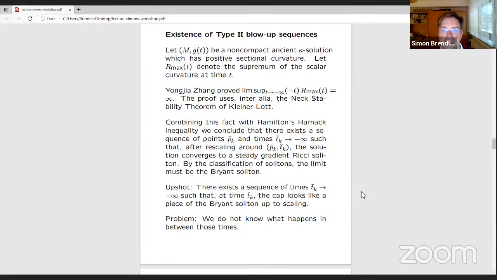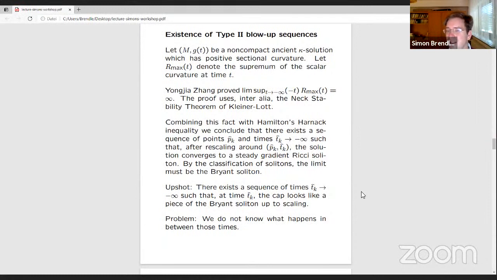And then there's an old principle by Hamilton that if you have a type 2 ancient solution, then you can do a point picking in space-time to produce what's called a type 2 blow-up limit. So you can find a sequence of points p hat k and a sequence of times t hat k going to negative infinity, such that if you rescale around that particular sequence of points in space-time, then you get a steady gradient Ricci soliton.